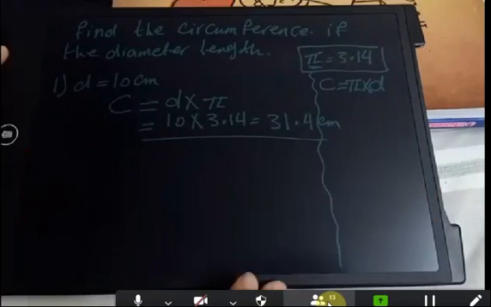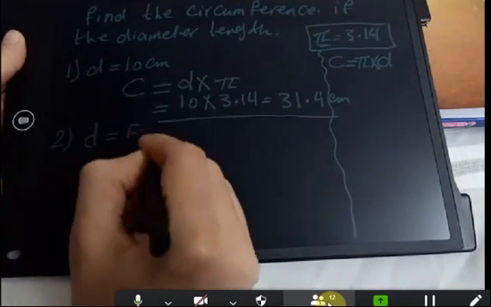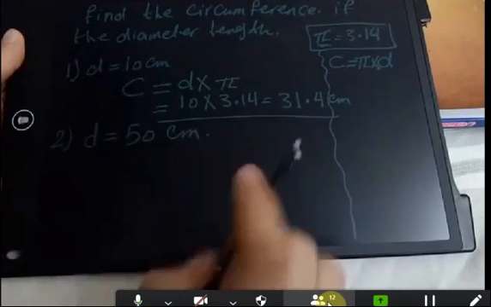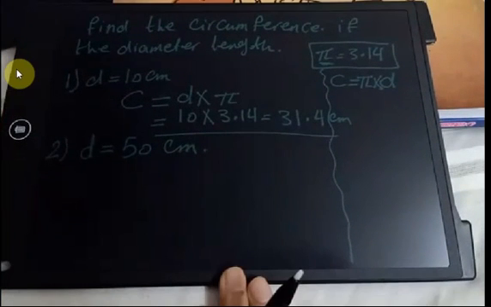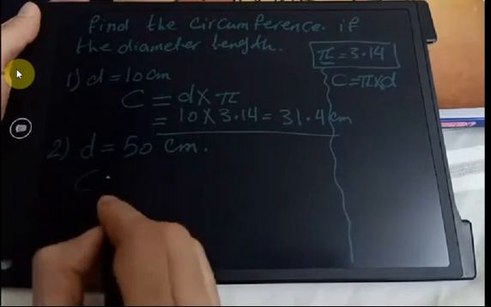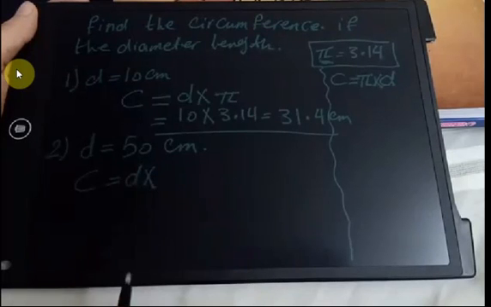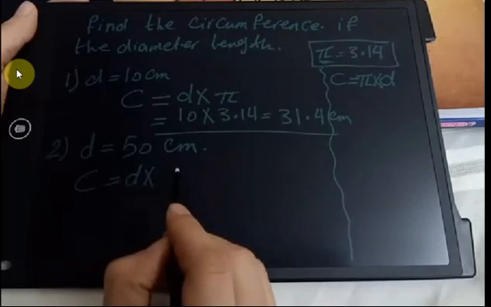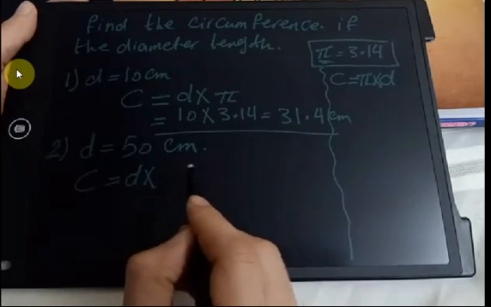31.4 centimeter. Number 2: if the diameter equals 50 centimeter, find the circumference, and the pi also equals 3.14. Who's gonna answer? Okay. I need the circumference. The circumference equals what, Ibrahim? D times pi.